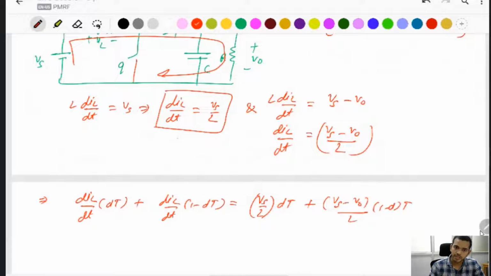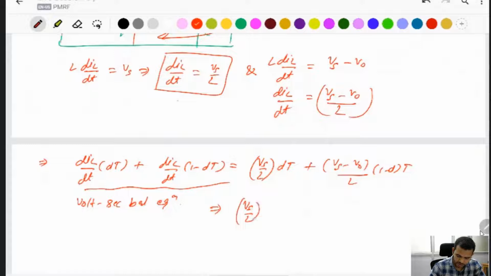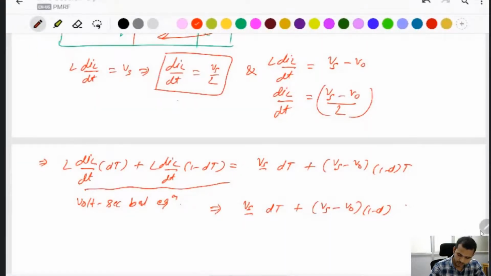The average inductor voltage is 0, from the volt-second balance equation. That means Vs by L into DT plus Vs minus V naught divided by L into (1 minus D)T is equal to 0.